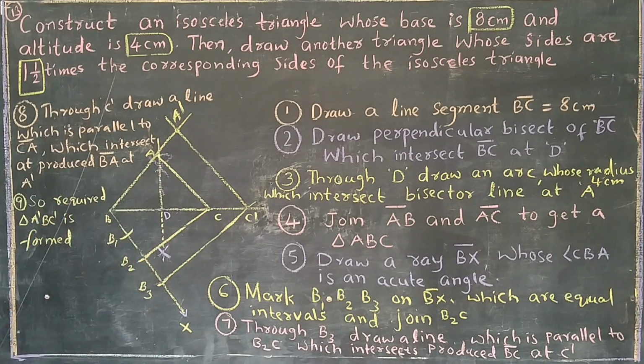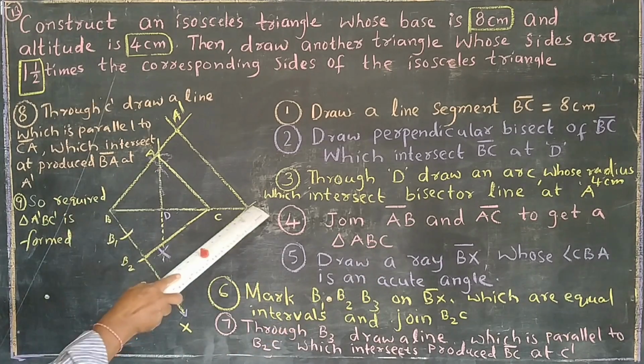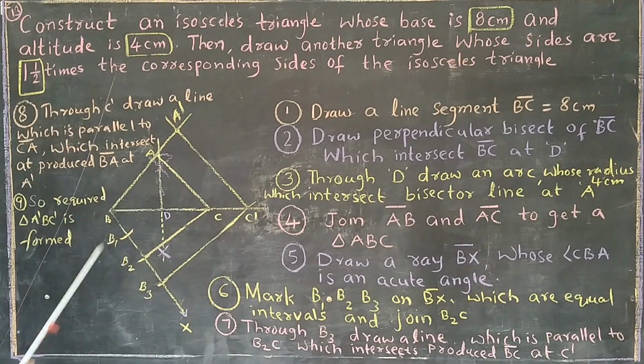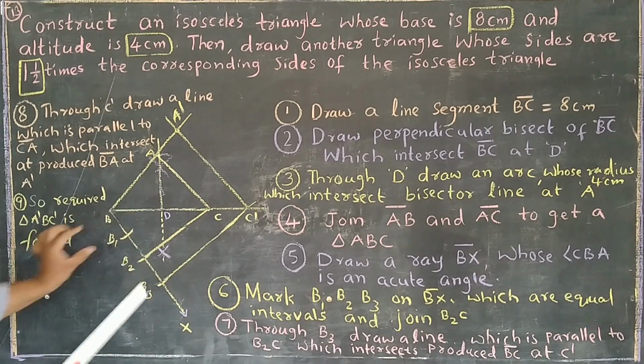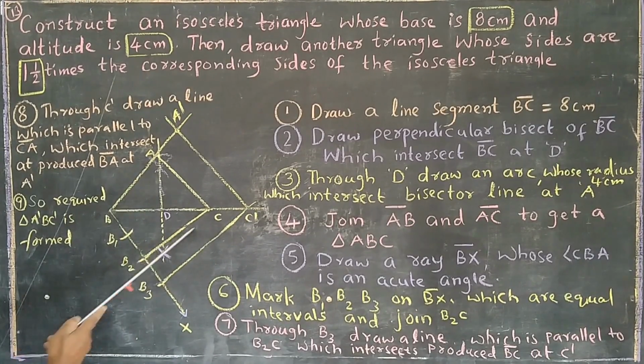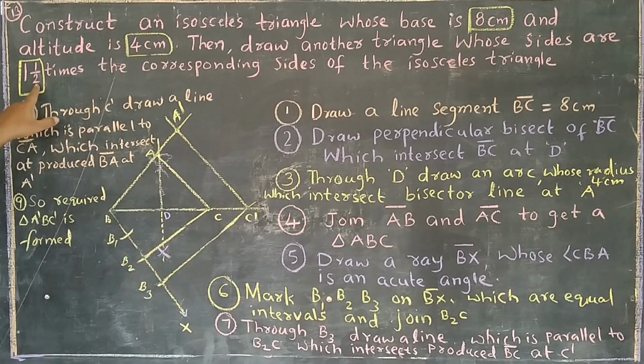Next onwards, we already know from the 11th and 12th question model. Draw a ray BX such that angle CBX is an acute angle. Mark B1, B2, B3 on BX at equal intervals, and join B2 to C, because the denominator is 2.